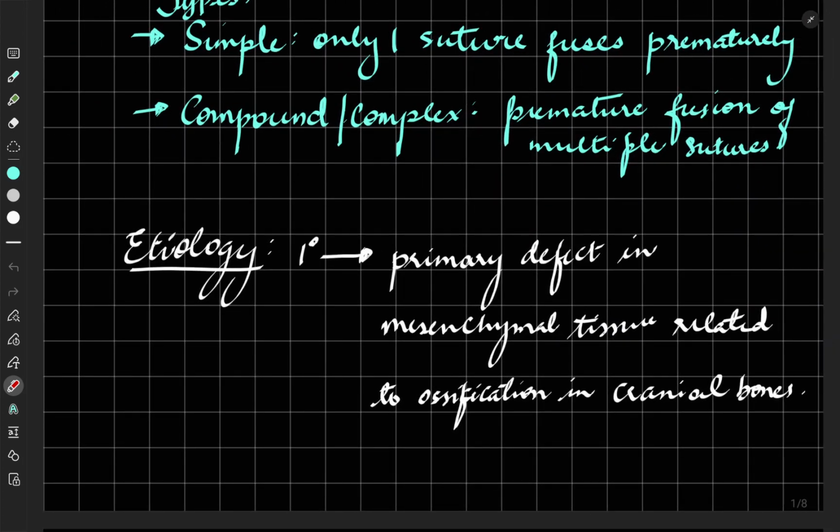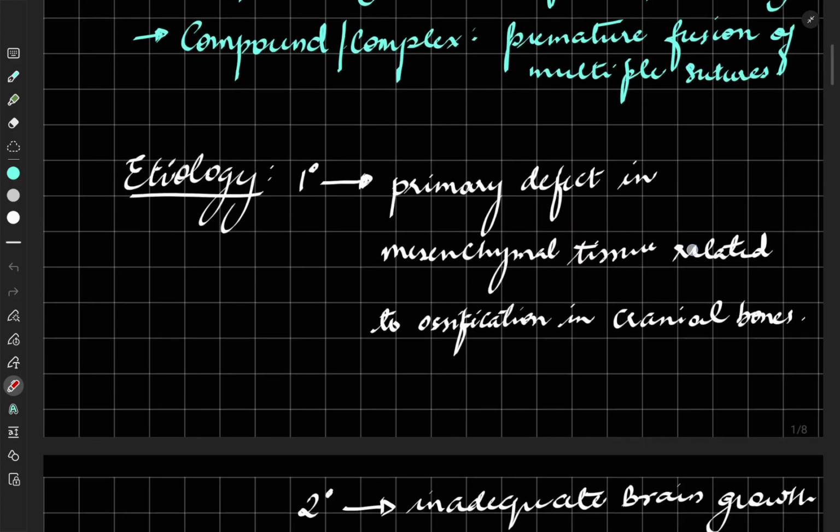So what is the etiology? In primary craniosynostosis, there is a primary defect in mesenchymal tissues related to ossification in cranial bones. This is the cause of primary craniosynostosis.